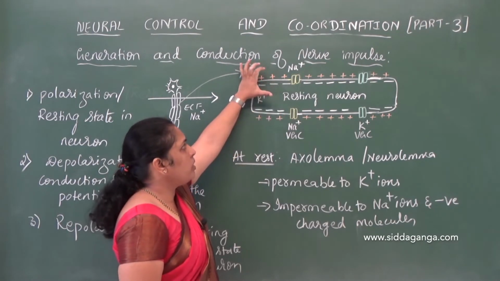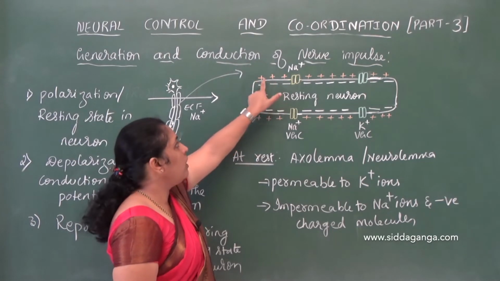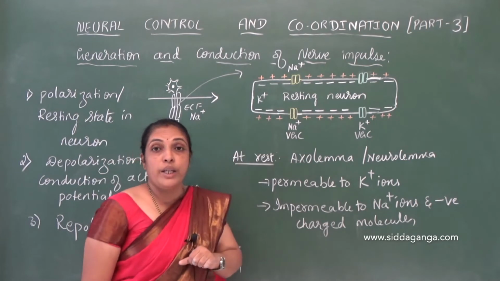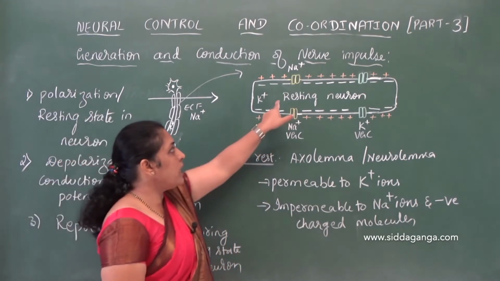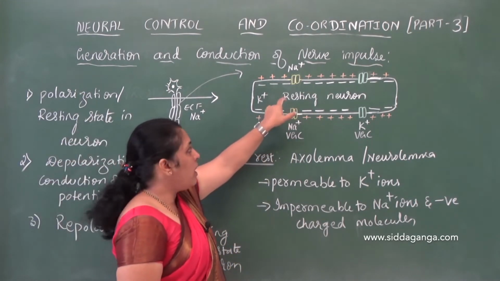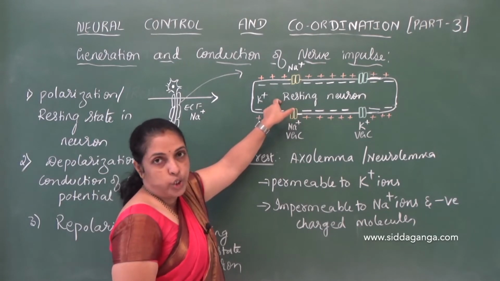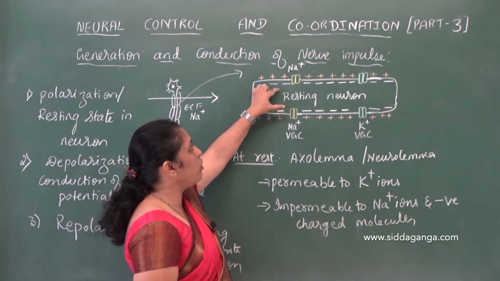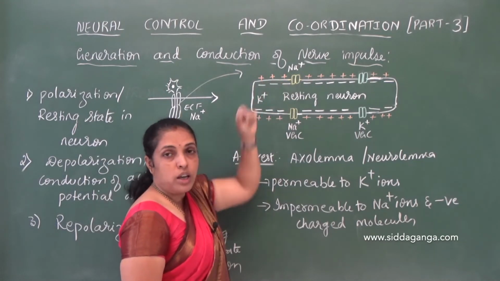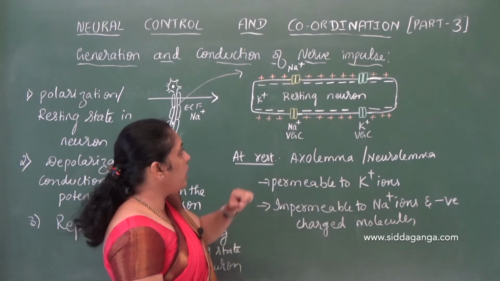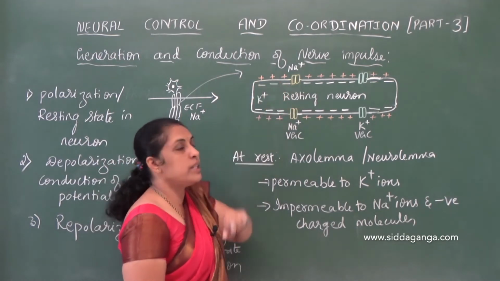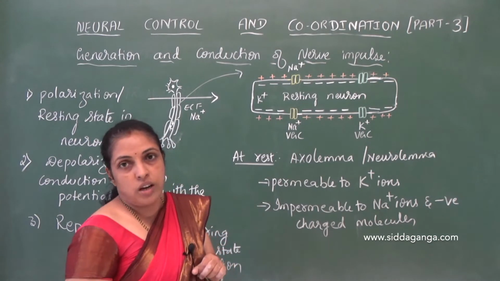This results in positive charge outside and negative charge inside. Inside the axoplasm we see large negatively charged protein molecules that cannot go out to the extracellular fluid. So inside we see negative charge and outside positive charge.